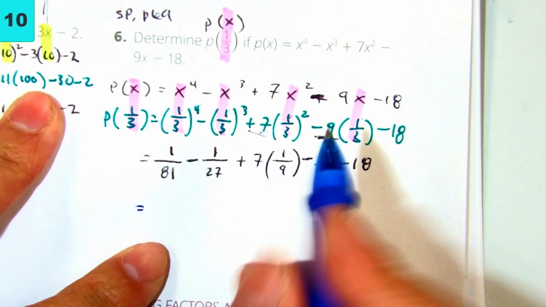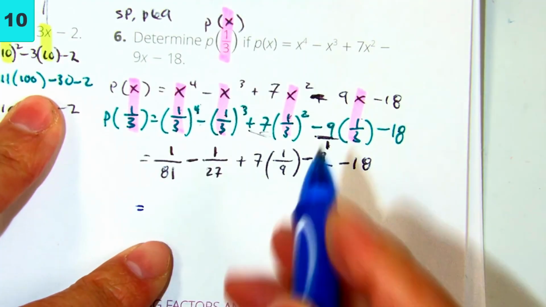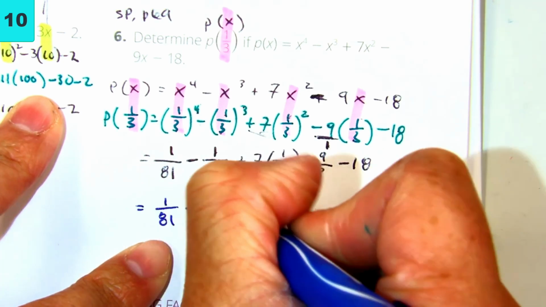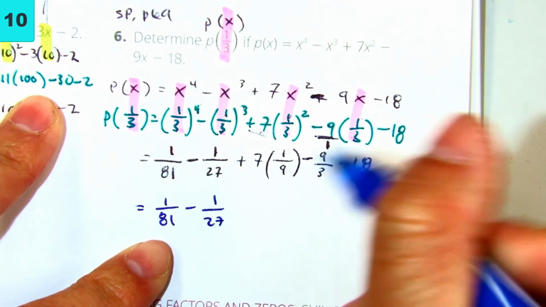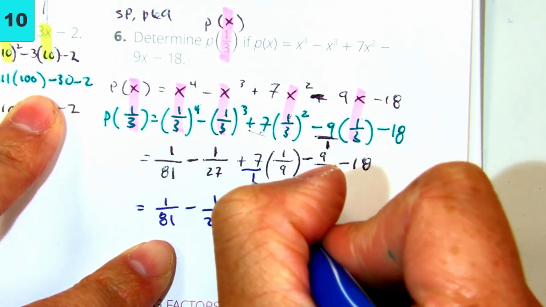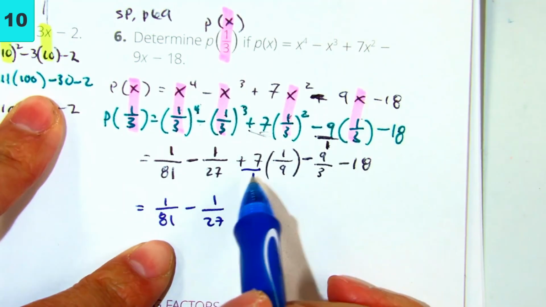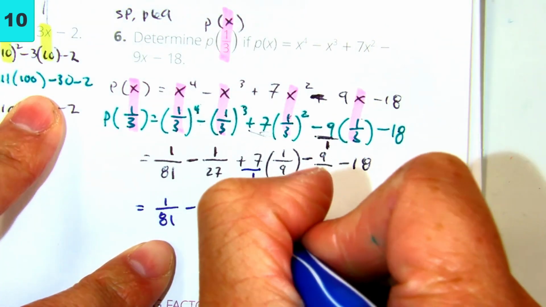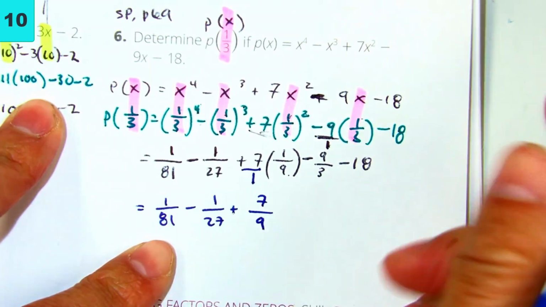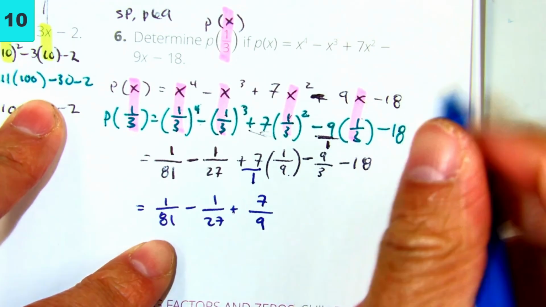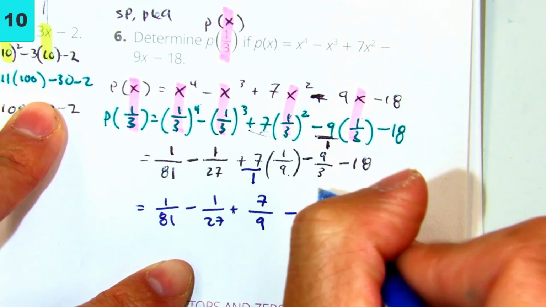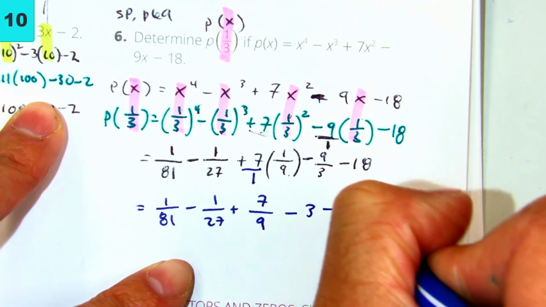Alright, so I'm just going to go over and simplify these. So 7 times, remember we're going to make that a fraction by putting it over 1, 7 times 1 is 7. This is positive. And 1 times 9 is 9. Class, what's 9 divided by 3? Negative 3 minus 18.